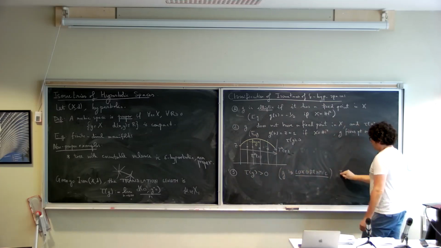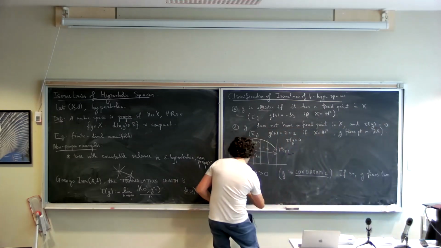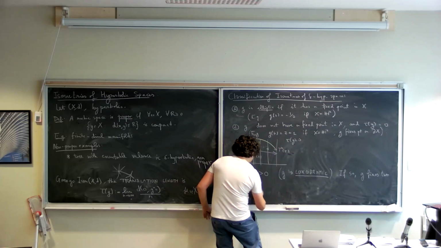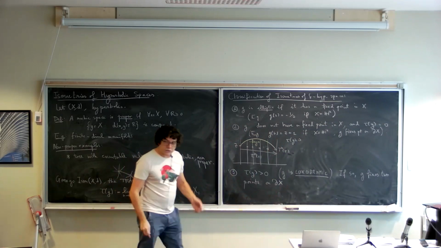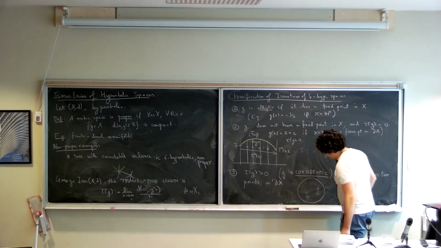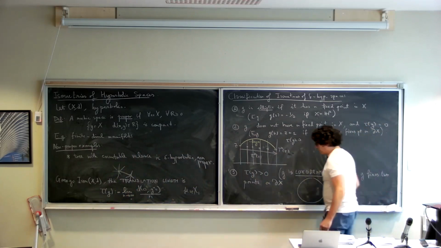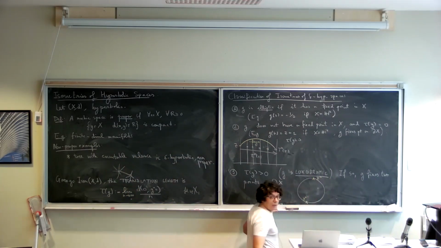And G fixes two points on the boundary of X. This case also behaves nicely, because basically what happens is that there are two points that are fixed, psi plus and psi minus.